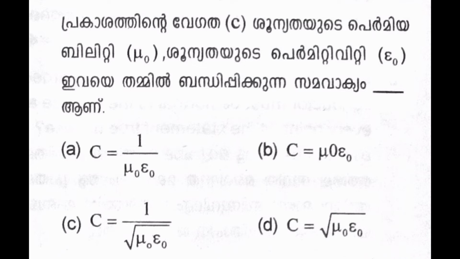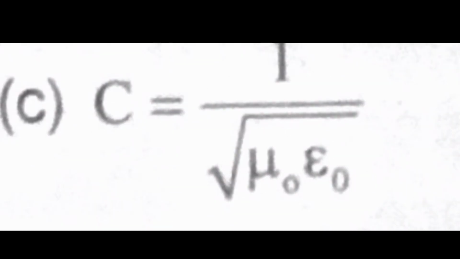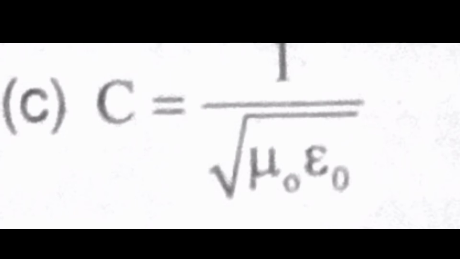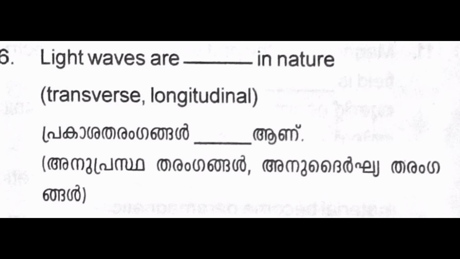What is the equation for finding the velocity of light? That is C equal to 1 by root of mu 0 epsilon 0, where mu 0 is the permeability of free space and epsilon 0 the permittivity of free space. Option C is the correct answer.